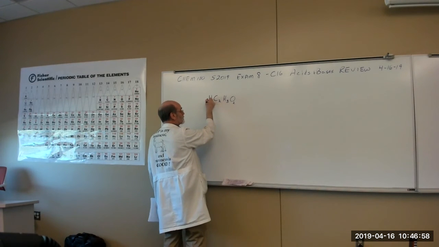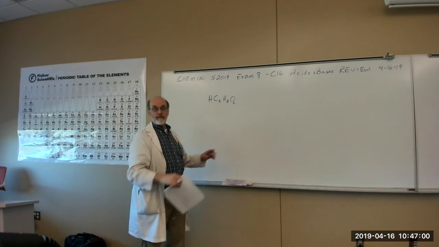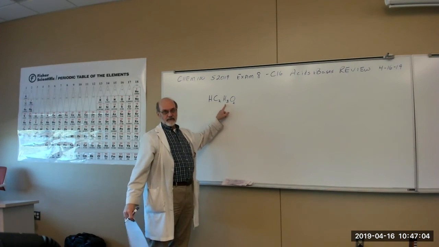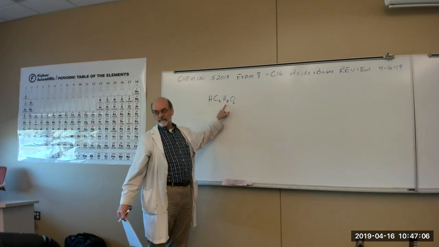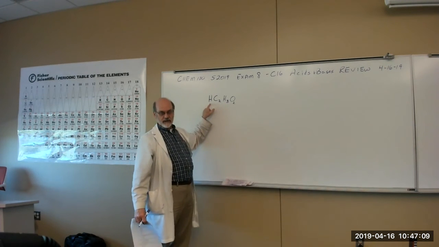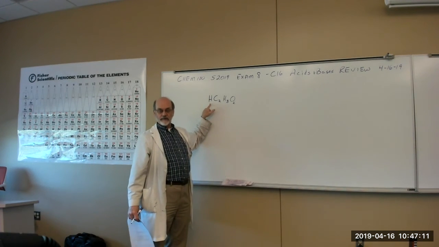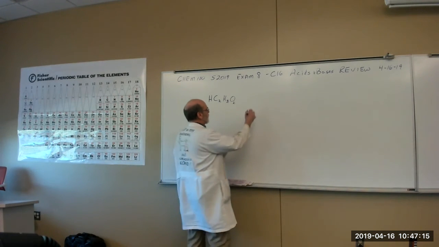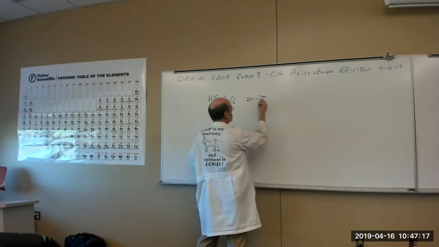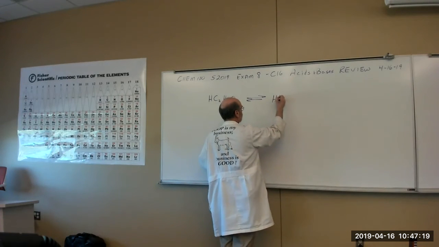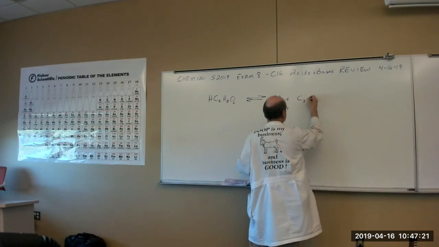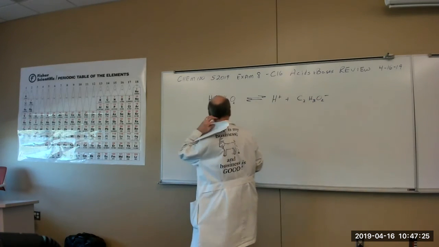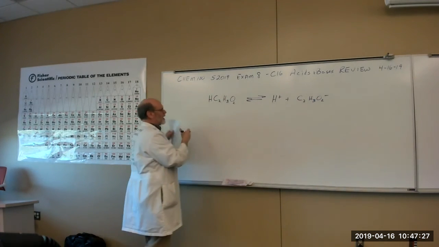There's the proton that dissociates. And notice we've got more than one type of proton in here. These three are locked in place. They're not going anywhere. But this one is free to dissociate, although it's weak. And what it will do is produce this and this in aqueous solution.